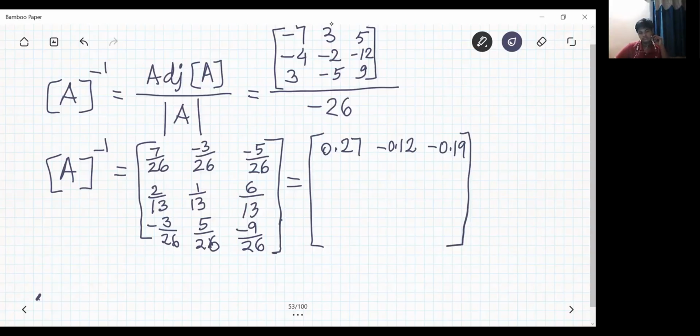Then we have 2 divided by 13, which is 0.15.